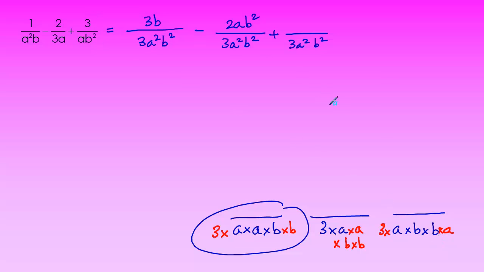So it's a 3, it gets multiplied by 3a, it's going to become 9a. And then as a single fraction, that's going to be 3b minus 2ab squared, add 9a.